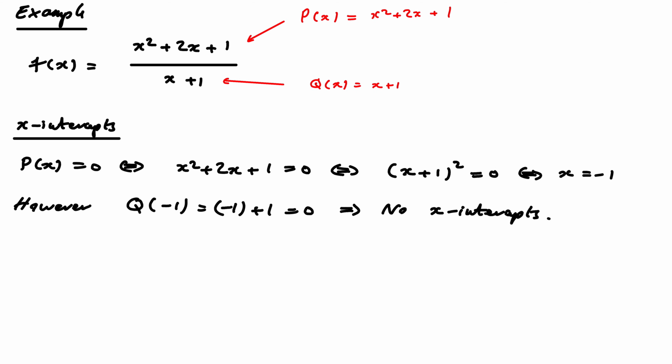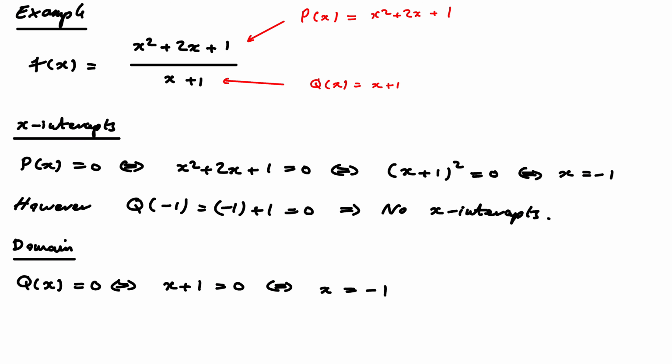What about the domain? Well, this one's much easier. q of x is equal to 0 if and only if, you've kind of almost seen this already, x plus 1 is equal to 0 if and only if, of course, add minus 1 to both sides, x is equal to minus 1. So the domain is equal to, well, it's everything apart from minus 1.